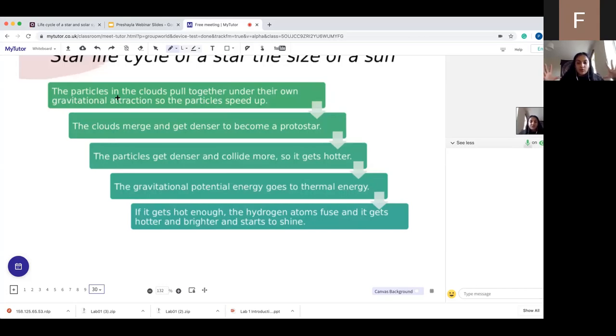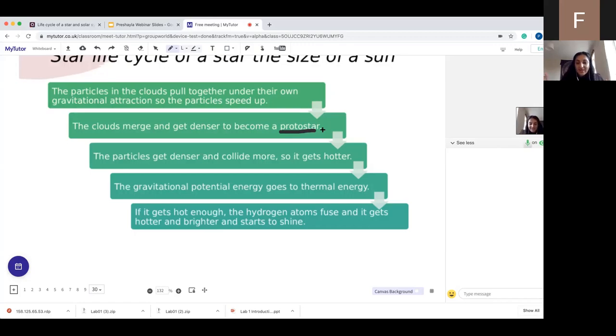So there's a gravitational force acting on it and squishing it and making it more pressurized, and it has to speed up. Okay, so it starts speeding up, the clouds merge, they get denser and denser, and they start to squish down. That becomes a protostar. So it goes from our nebula to a protostar. So a protostar is the beginning of a star. Now the particles keep getting denser, they keep colliding more, and it keeps getting hotter.